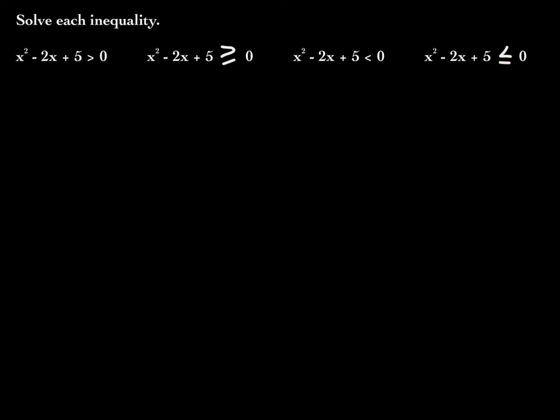Now, the two things we know for sure right now is that this parabola opens upward. Instead of writing out the word upward, I'm just going to draw a parabola going upward. We know that because the leading coefficient is positive 1. The other thing we also know is that there are no x-intercepts. That is to say, this parabola never touches the x-axis.